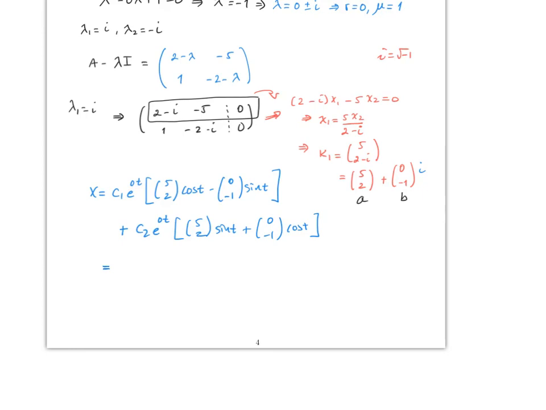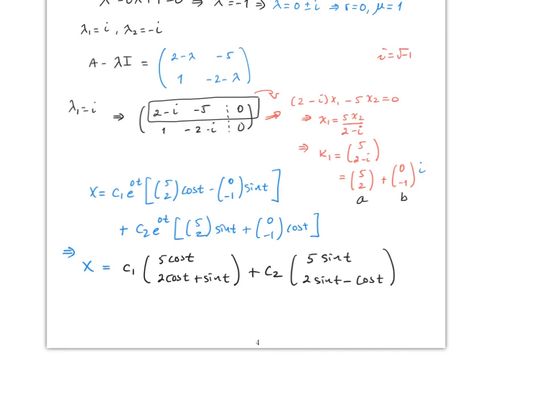If you simplify, we end up with the following. X is equal to c1 [5 cosine t, 2 cosine t plus sine t] plus c2 [5 sine t, 2 sine t minus cosine t].